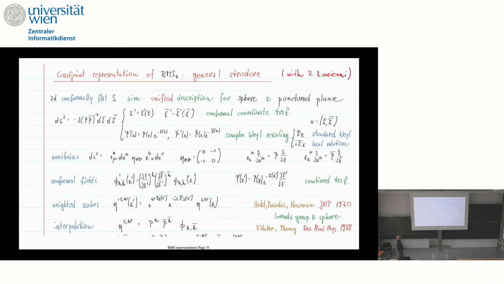If you want really to study what is the coadjoint representation of BMS, and you use this kind of understanding of the Lorentz group, how the Lorentz group is represented on the sphere, it is very useful to construct this coadjoint representation. So you have a two-dimensional conformally flat space. You can either work with conformal fields.